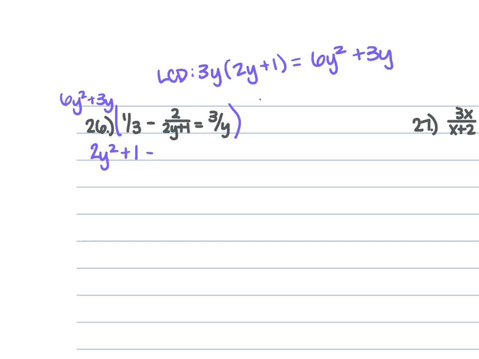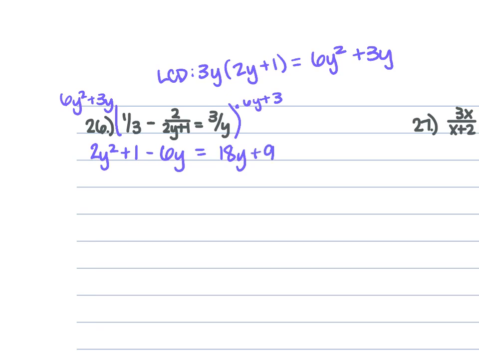Then we have the 2y plus 1 being taken out of that, so that's just the 3y times the -2, so that's -6y is equal to, and then for the last one on the right side of that equal sign, it's just the y that's getting taken out of the 3y times 2y plus 1. So we're multiplying it by 6y plus 3. So this is going to become 6y times 6y plus 3. So this is going to become 18y plus 9.